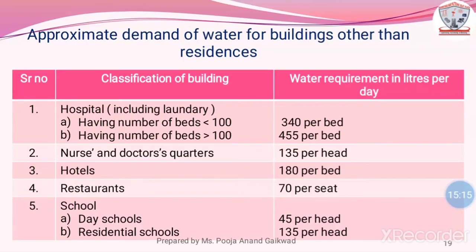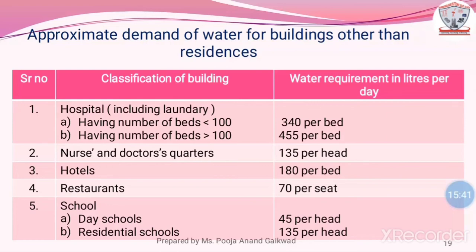Now the approximate demand of water for buildings other than residences. There is a classification of building and respective water requirement in liters per day. Hospitals including laundry: the first one, with number of beds less than 100, has a water requirement of 340 per bed.